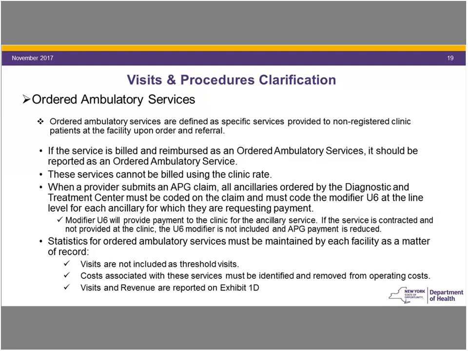And the costs associated with these must be removed from the operating costs. So this is the requirement of how to report it, and this isn't any different than what has been done in the past. But if we have consistent reporting, like I said, we know what data we have as we work through the discussions with CMS.